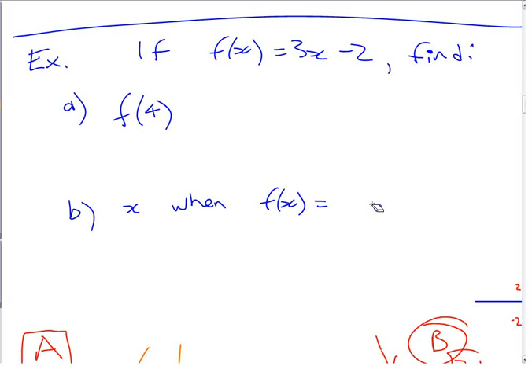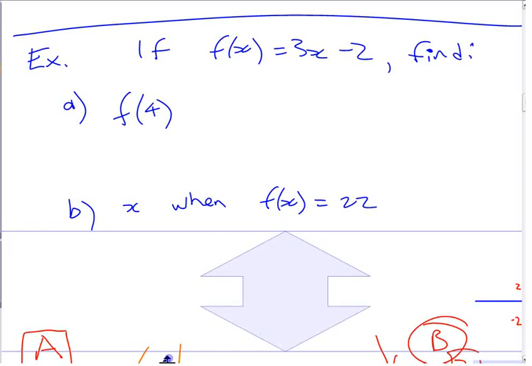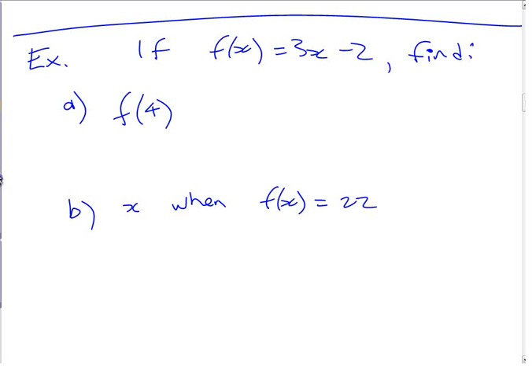No, that's no good. 22? If f of x equals that, this is saying if a rule that you're going to apply to x is equal to this. So in other words, if this particular rule is multiply by 3 and subtract 2, then tell me what you get when you make x into 4.